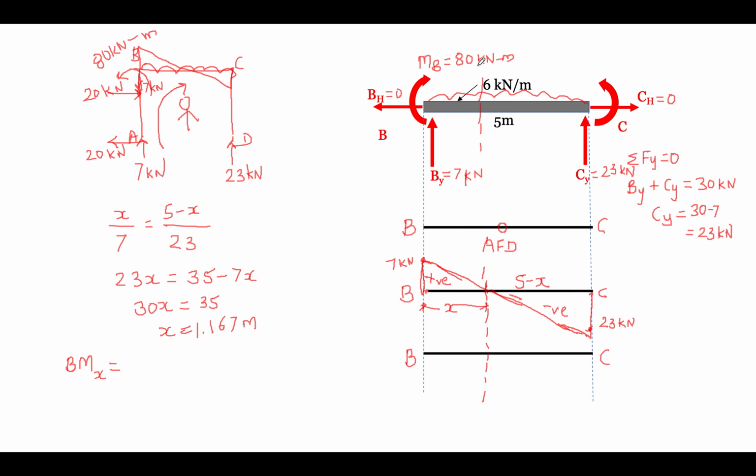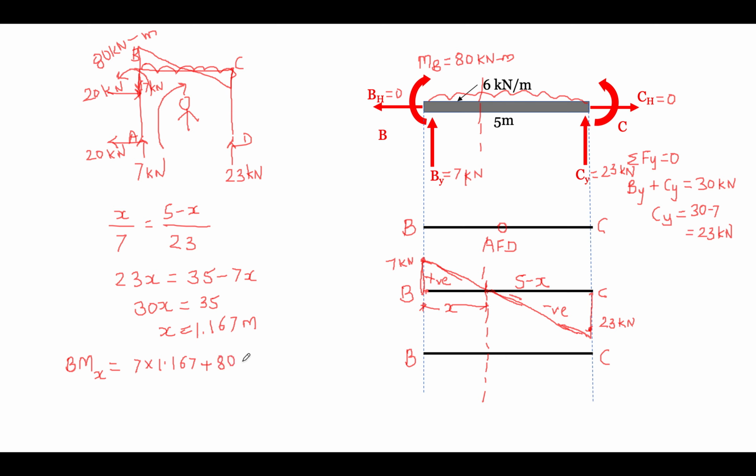We will consider all the part of the left side. So we can write 7 into 1.167. This is clockwise direction, even this is clockwise direction, only the UDL will be in anti-clockwise direction, plus 80.